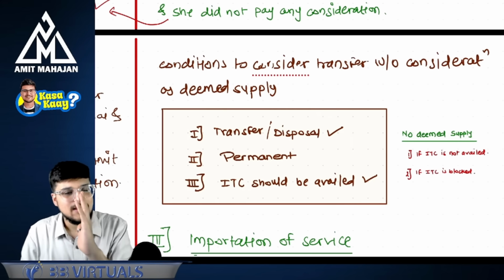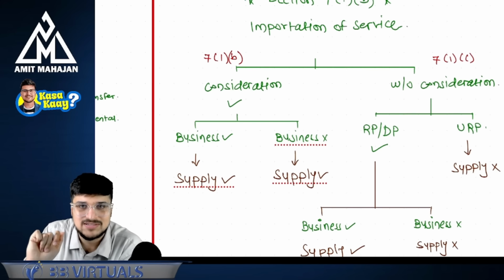Okay. The next point we have already seen. So T is done. The next point is I, importation of service. We have already done this. Sir, when did we do importation of service? Arey bhai, we saw importation of service here, no? Importation of service with consideration is falling under 7.1b because it is with consideration.